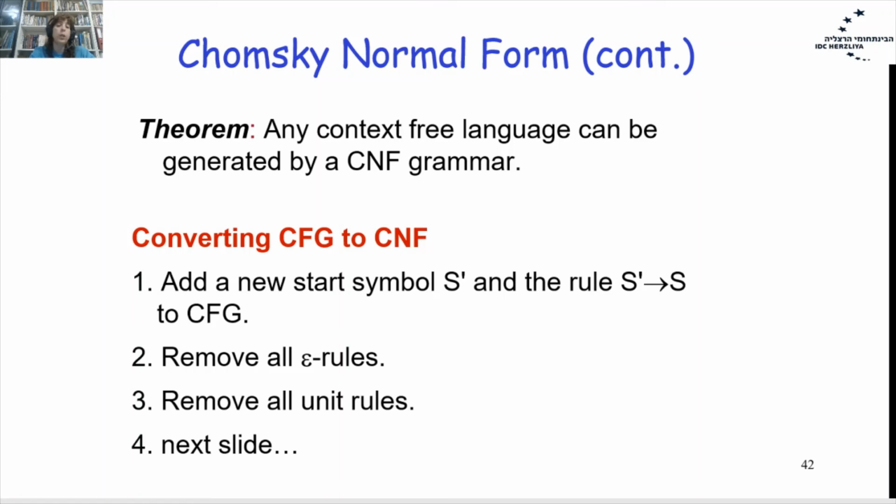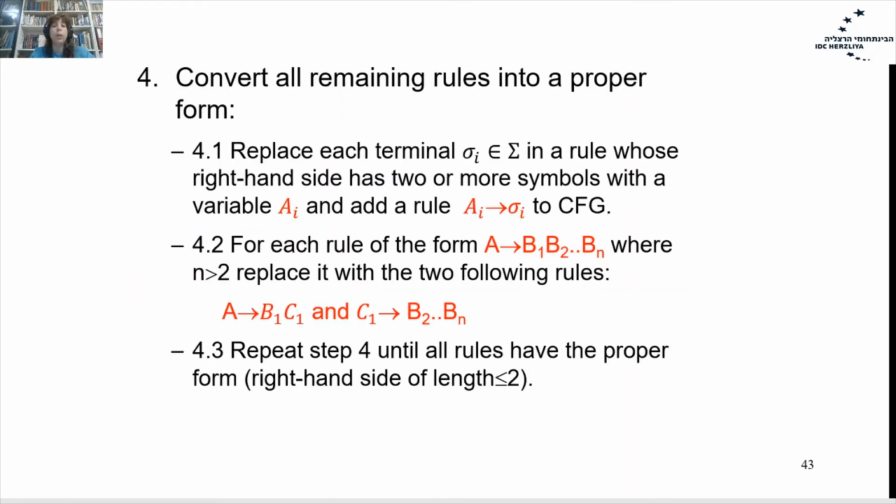Let's talk about how we can convert a context-free grammar to a Chomsky normal form grammar. First, we will add a new starting symbol S0 and the new rule S0 derives S to the context-free grammar. We will remove all epsilon rules. We will remove all unit rules, and then we will convert all remaining rules into a proper form.